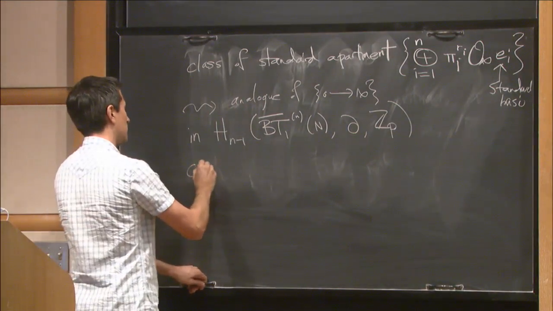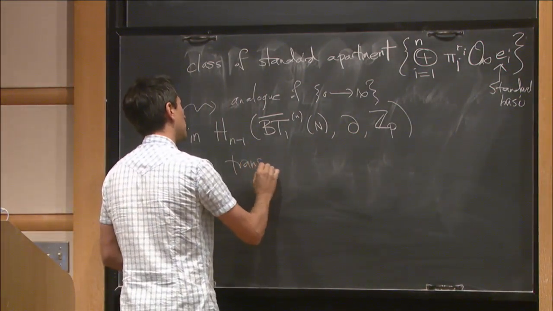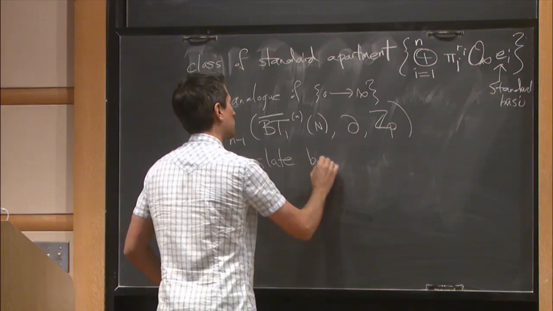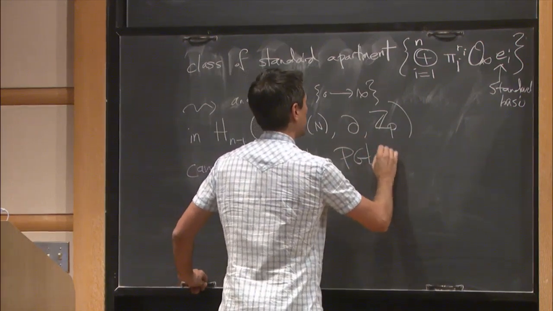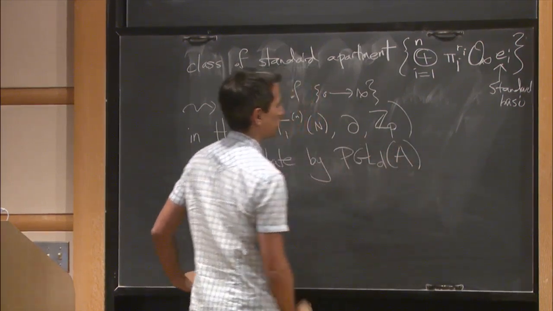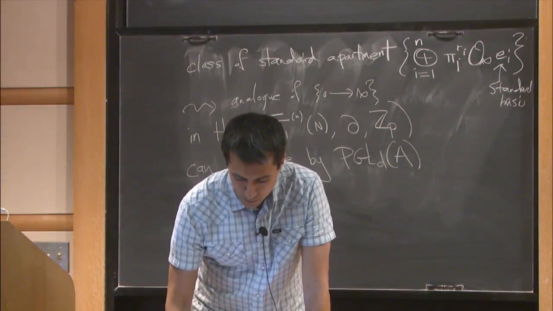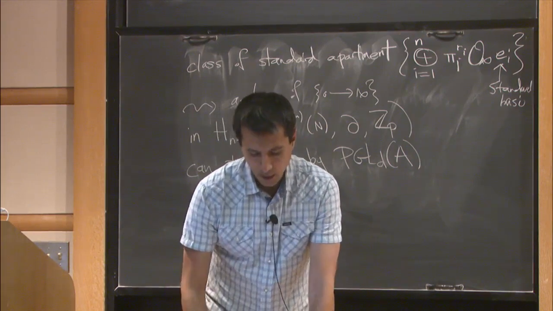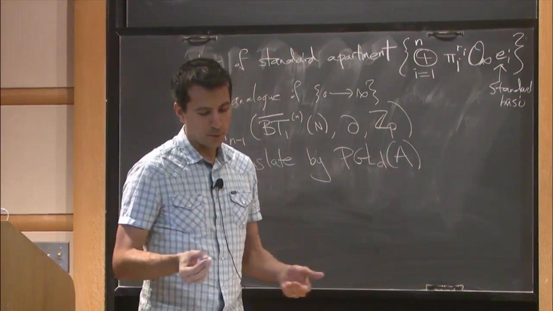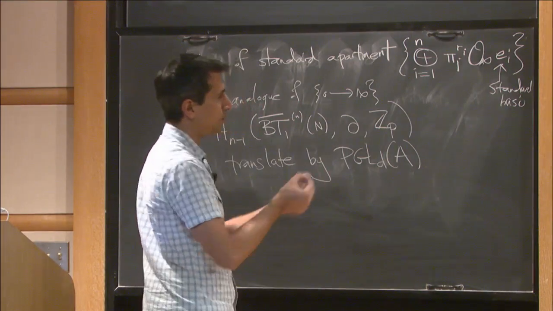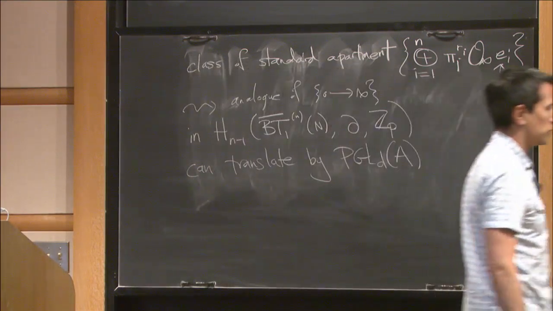And then you can translate by PGL_d(A) to get Manin-type symbols. But the problem is, of course, these things again may not generate it because my ring may not be Euclidean.